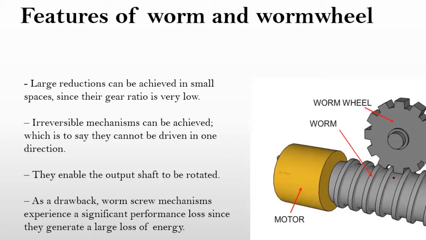So we have to lubricate this system more frequently than other gears, because the worm gear drive generates more heat energy. That is one of the drawbacks of the worm gear drive. The bevel gear is a similar kind of application, but the worm gear drive has some special features. That's why we are interested in this special gear arrangement.